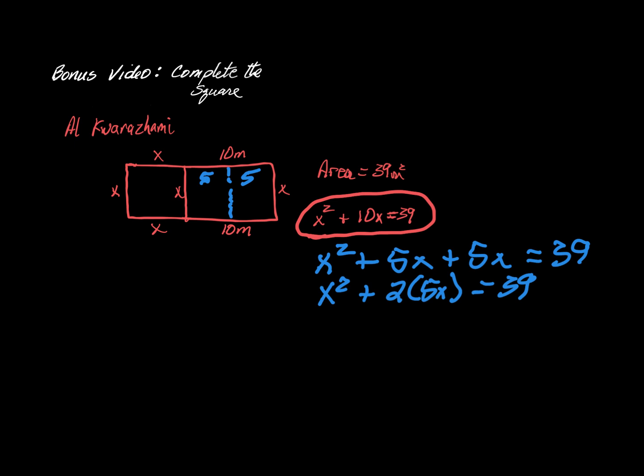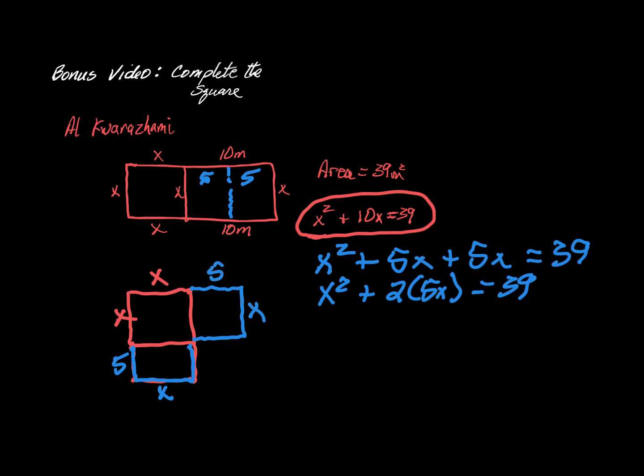So we take our original x by x square, and then we put one of the 5 by x rectangles down there, and we leave the other 5 by x rectangle up here.